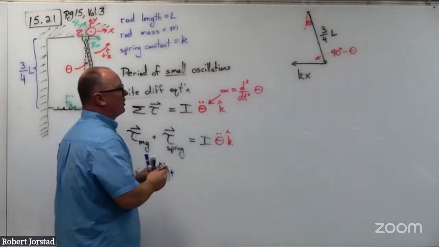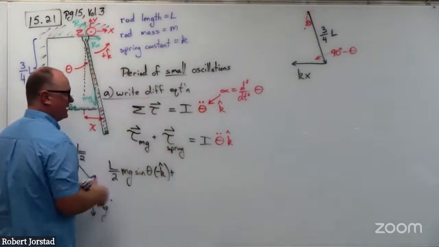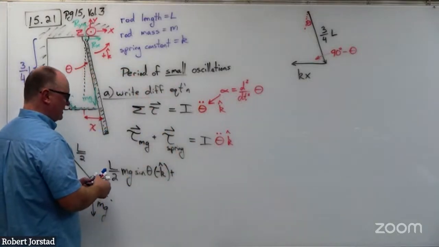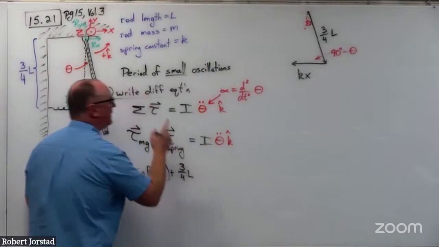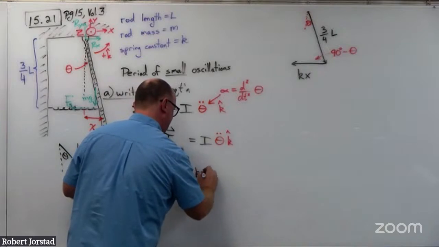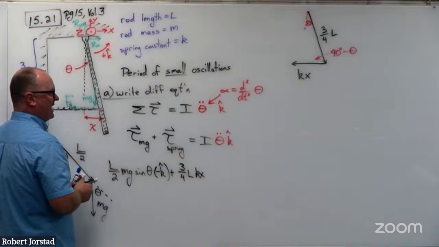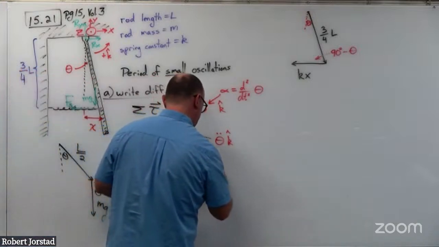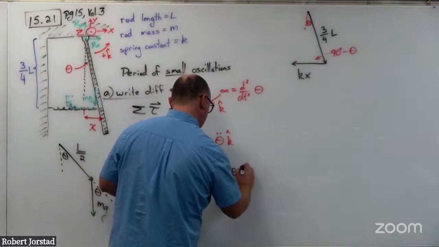So the torque for that one should be, oh my gosh, this is going to be a little bit crazy. It's going to be the distance, which was 3/4 L. It's going to be the force, which is Kx, the amount it was stretched. And then there's going to be an angle, which is sine of 90 degrees minus theta.